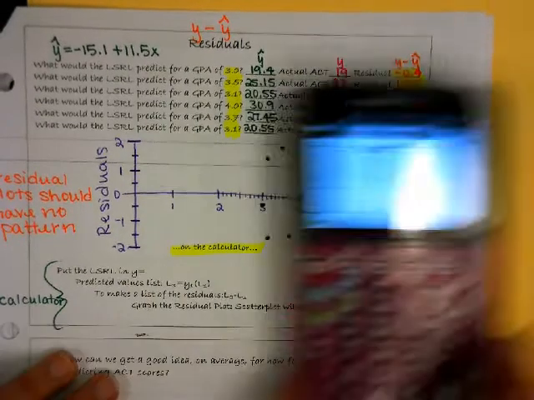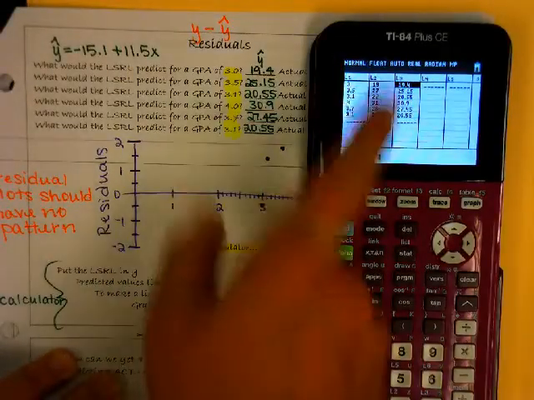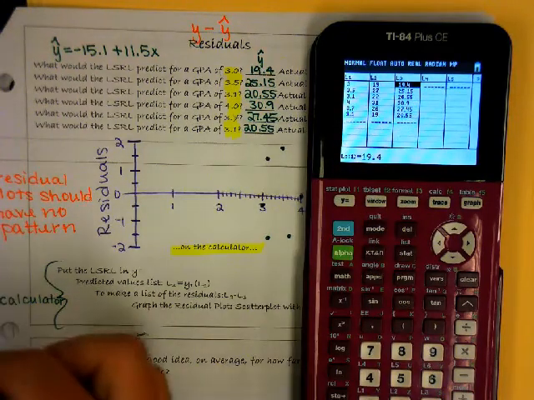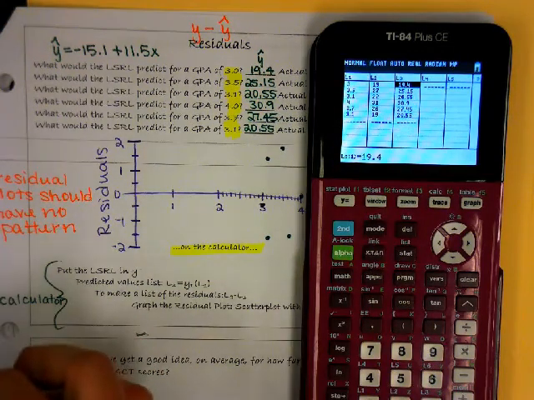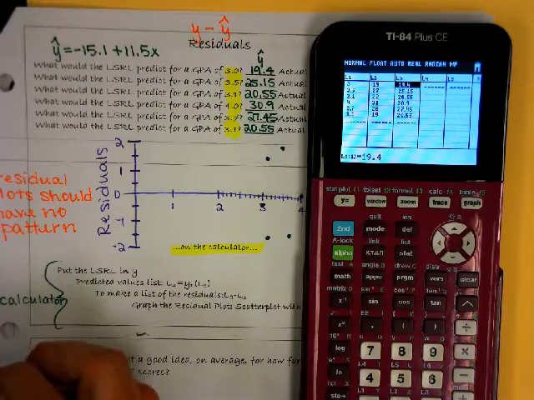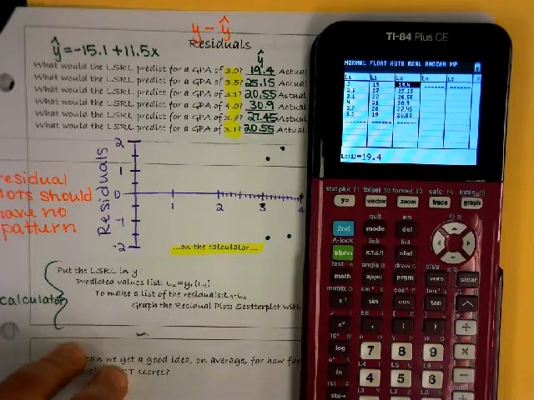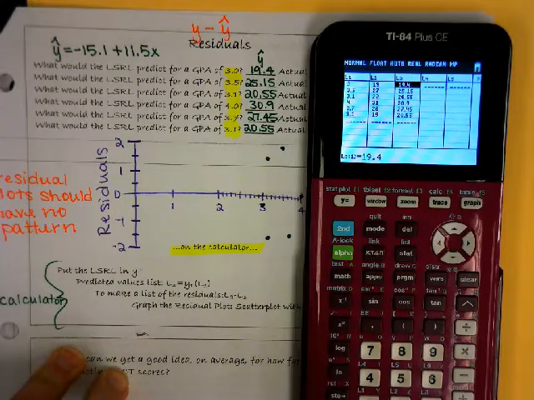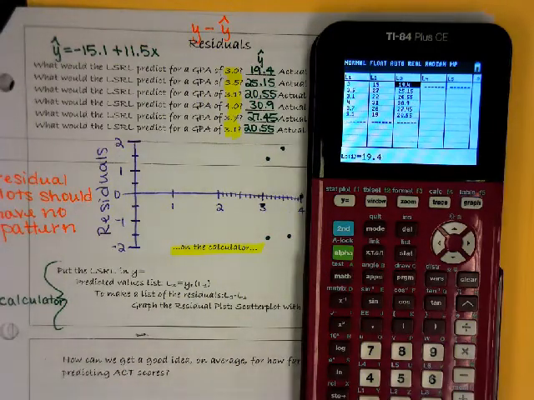Are we good so far? Yeah. No, absolutely. You hit this, and then you highlight the list, then you hit vars. Oh, did you put in parentheses?